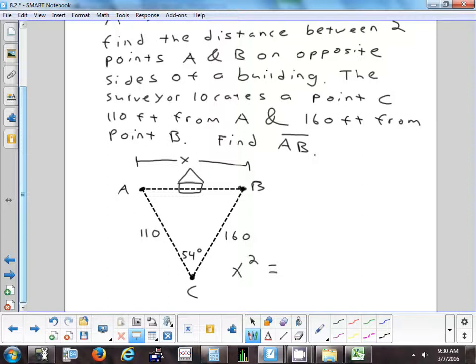Yep. X squared equals 110 squared plus 160 squared minus 2 times 110 times 160 times cosine 54. X is going to be our side, and we already know our angle, 54. One side squared equals the sum of the other two squared, minus twice the product of the other two, times cosine 54.